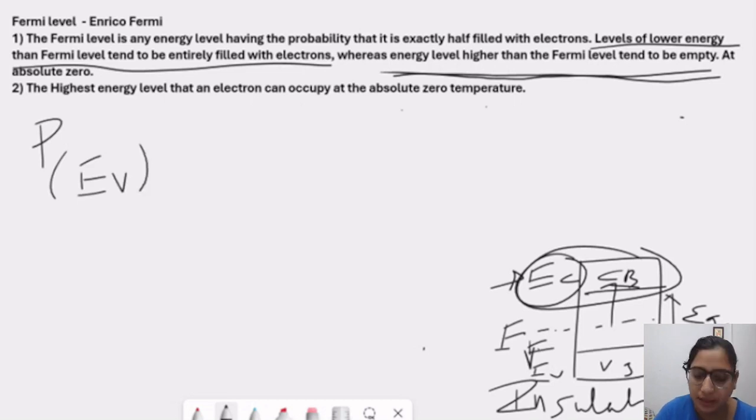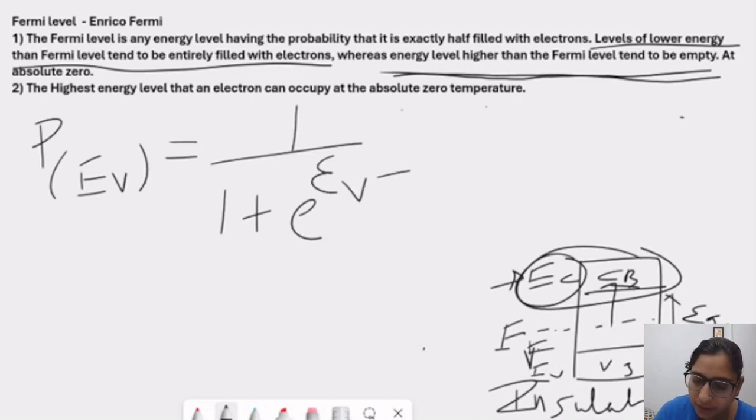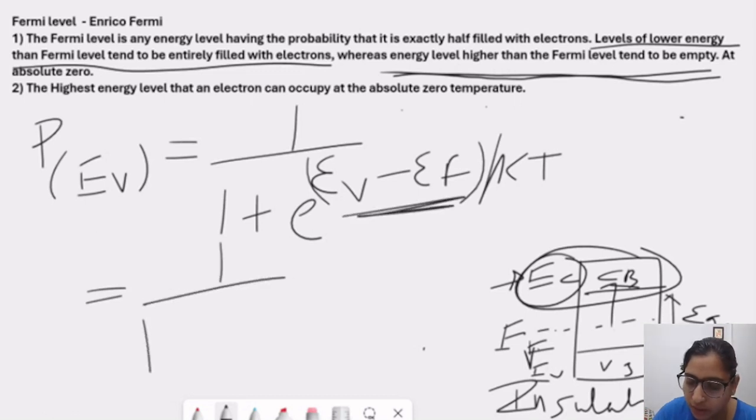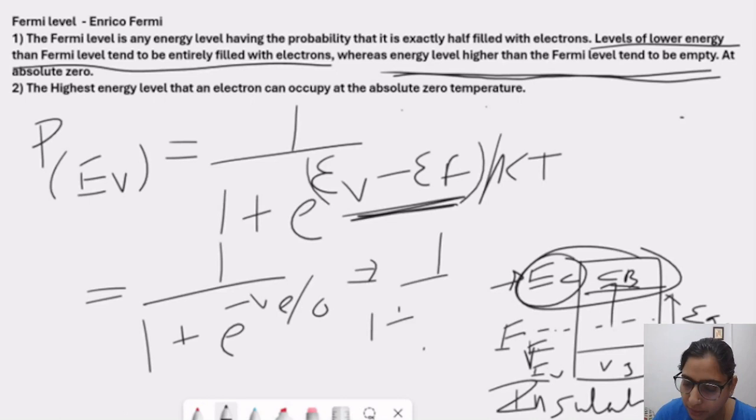So we are calculating 1 upon 1 plus e to the power (EV minus EF) by kT, because we are considering the energy band EV first and then EF. So whatever the answer of this, it will be always negative in nature, and kT is 0. So we can write 1 upon 1 plus e to the power minus infinity.